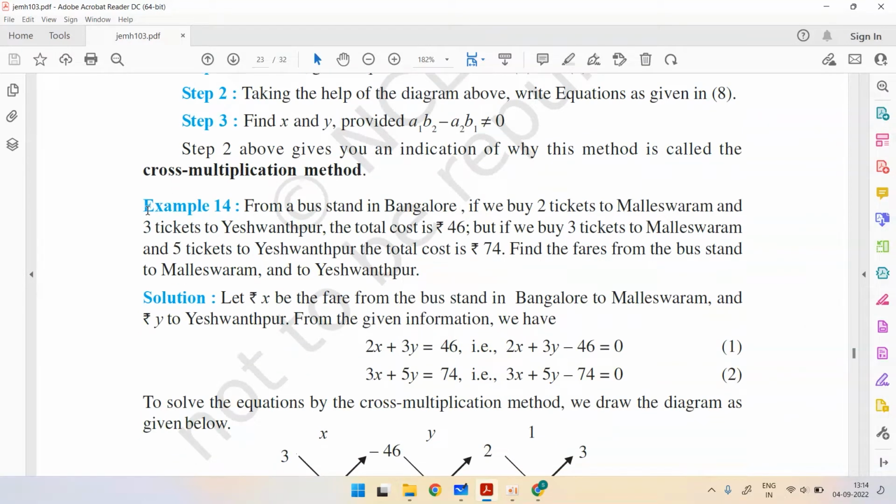So that is example number 14. From example number 14, this is from a bus stand in Bangalore. If we buy 2 tickets to Malleswaram, first we need to write the formula. What was the formula? First write the equation.